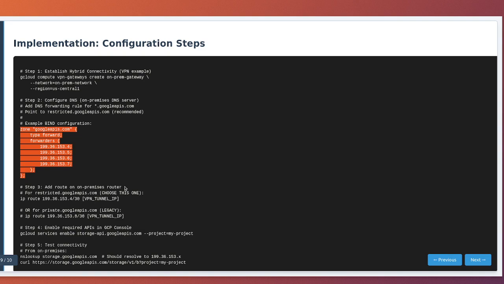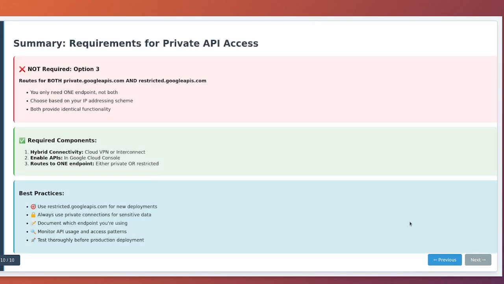This ensures all API calls are routed through your private connection. Finally, you add static routes on your on-premises routers to send traffic for your chosen IP range, either 199.36.153.8/30 or 199.36.153.4/30, through the VPN or interconnect. You never configure both.